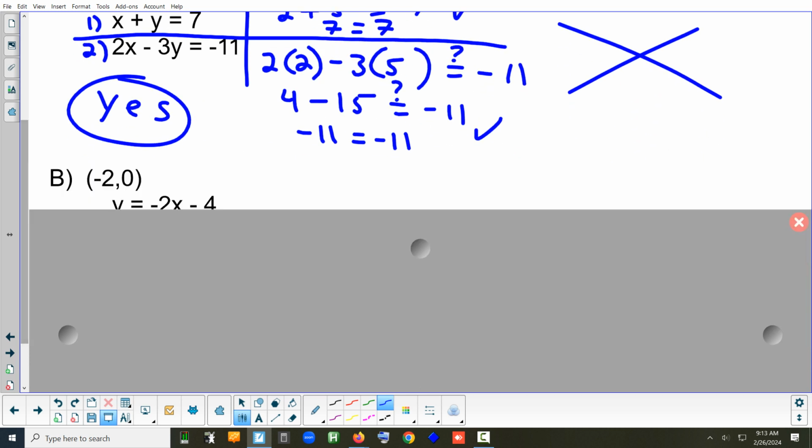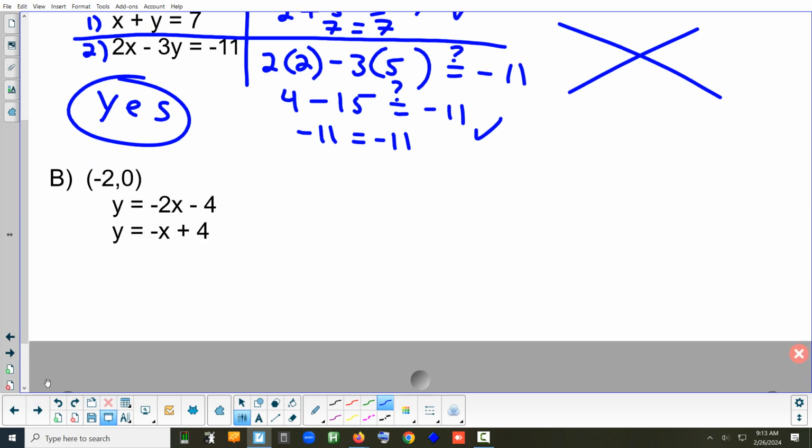Let's try another one. So now under B, try that one. Negative 2, 0 is your point. And the 2 equations are y equals negative 2x minus 4 and y equals negative x plus 4. If this was a problem that said solve, and they didn't give you this, and you had to figure that out, that's perfect because y is by itself in both.